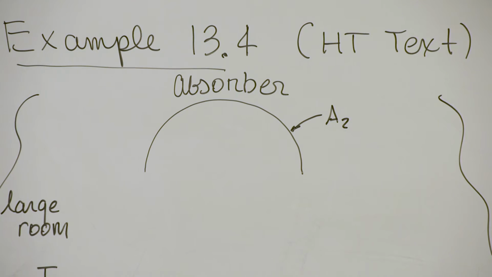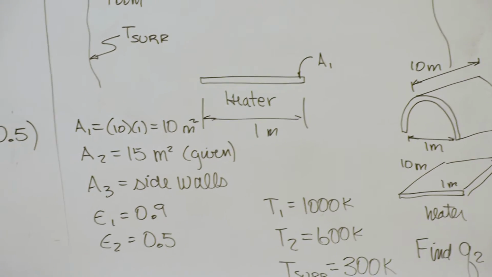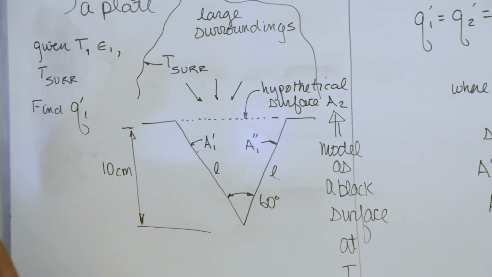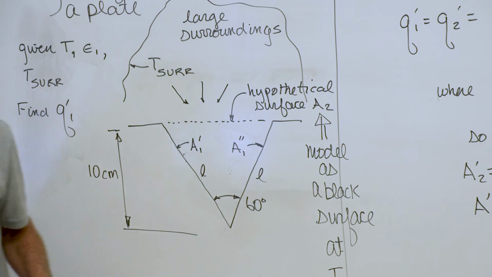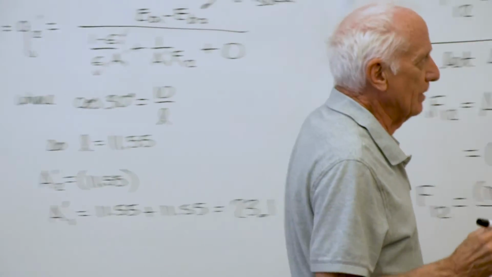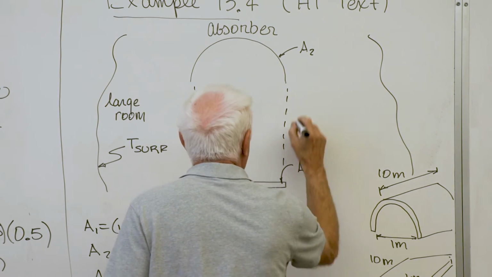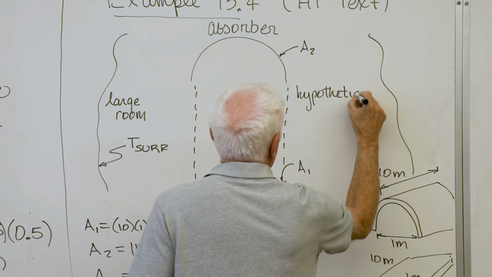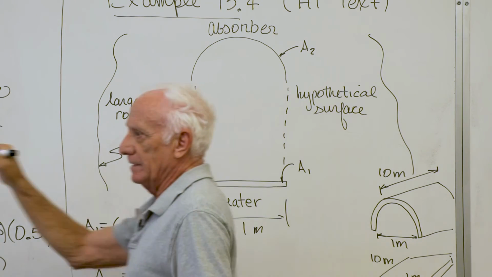Okay, it's not an enclosure. The V groove was not an enclosure. So what do we do with the V groove? We made an enclosure. How did we do that? We created a hypothetical surface, just like in the V groove.